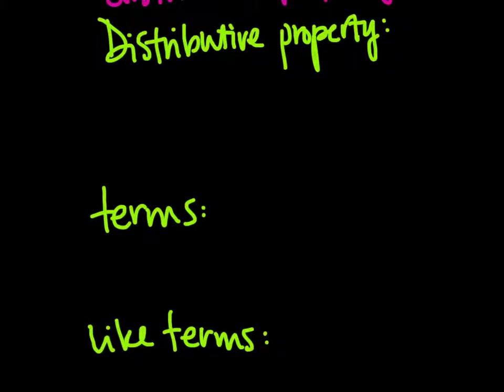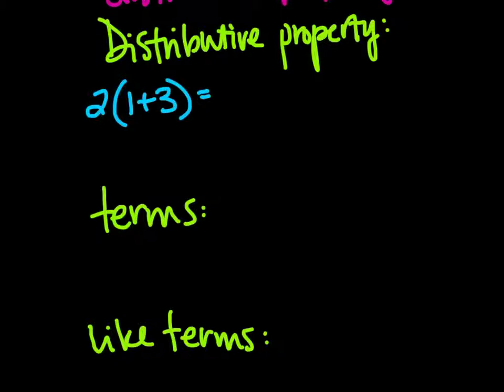Our next vocab term is distributive property. The distributive property essentially tells us that we have in the past played around with maybe the 7th grade version of it, saying like, what if I had 2 and I multiplied it times 1 plus 3?